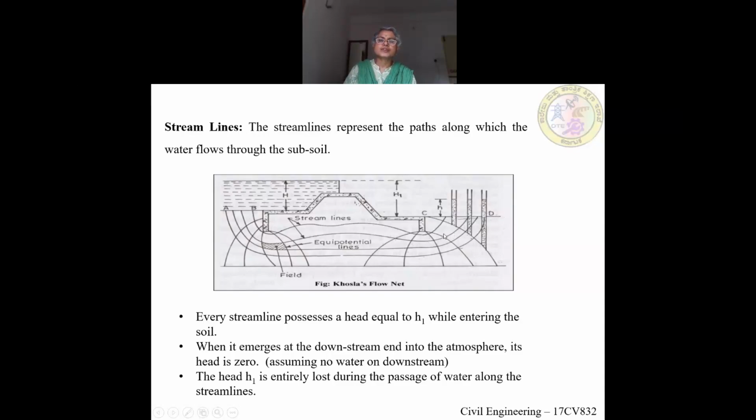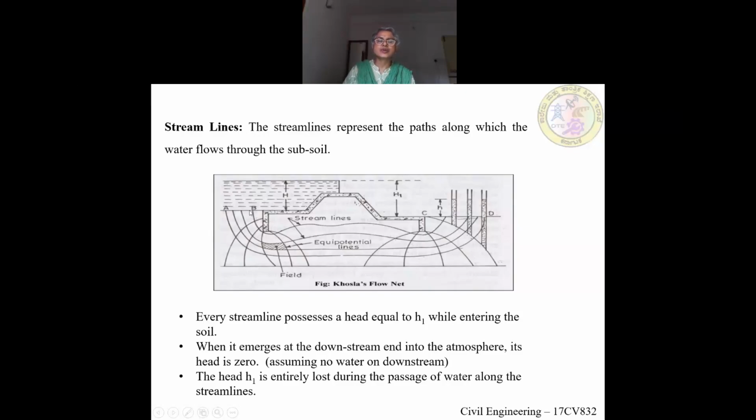If you measure the potential of this stream flow at any one particular point, it will be the same even on other streamlines. So every streamline possesses a head equal to h1 while entering the soil. When it emerges at the downstream end into the atmosphere, its head is zero. That means here it will become zero, and here it will become zero.